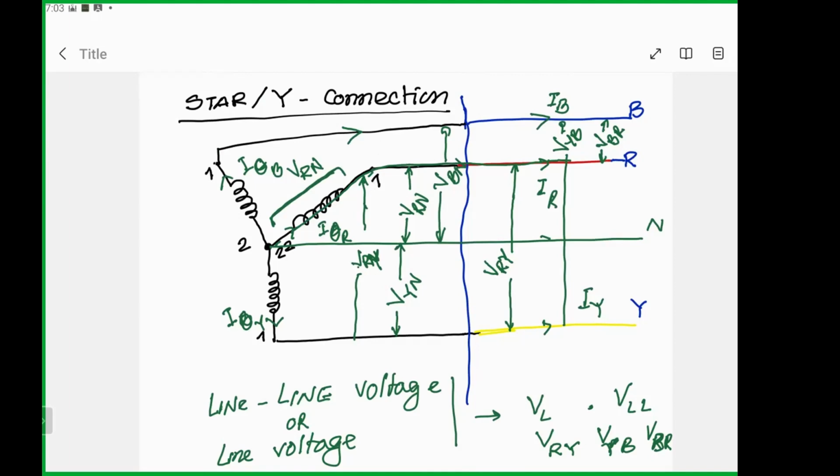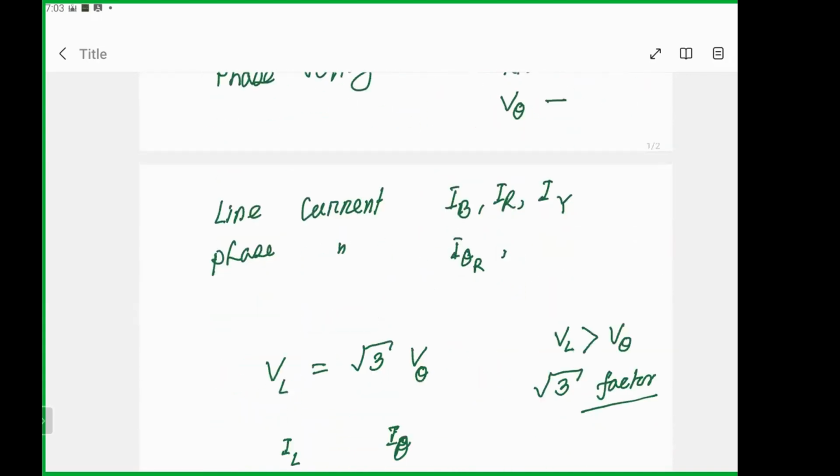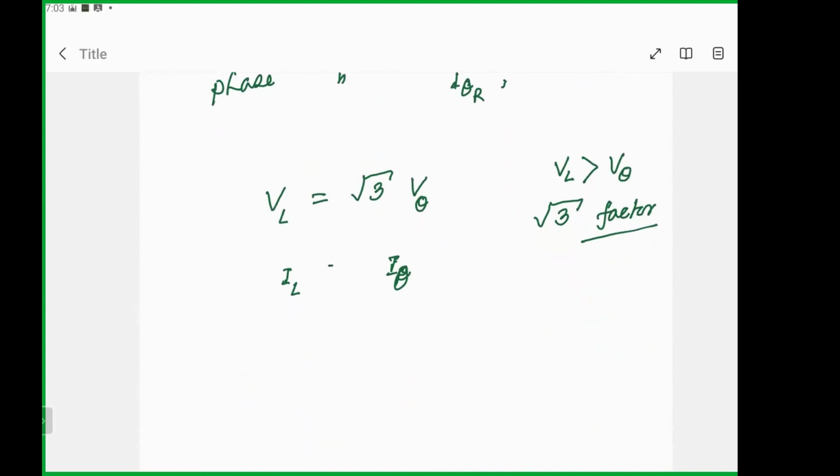The same current that is flowing through this coil is flowing through this line, and the same is the case for all three coils. So these two must be equal, because there is no other way for the current to flow. The same amount of current flows in the line and the phase.